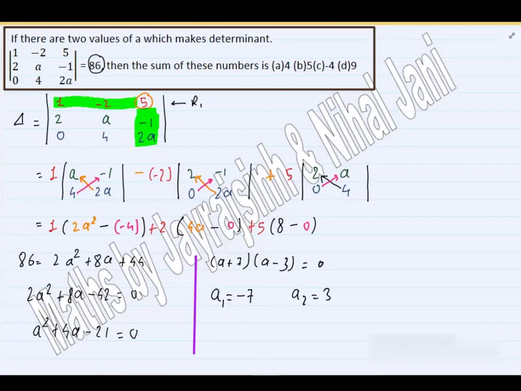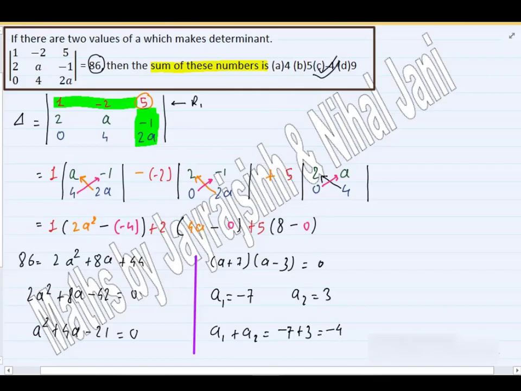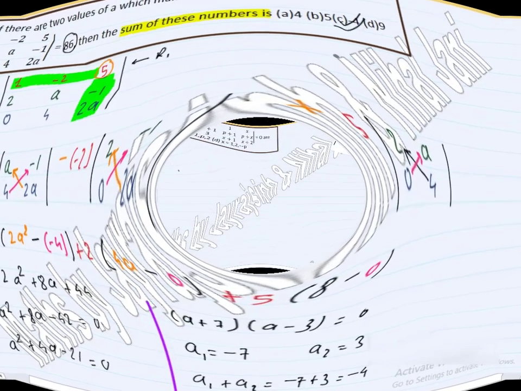But don't forget, we have to find the summation of these numbers. So let's find a1 plus a2. Minus 7 plus 3 will give us minus 4. Ta-da! Option C is your final answer.